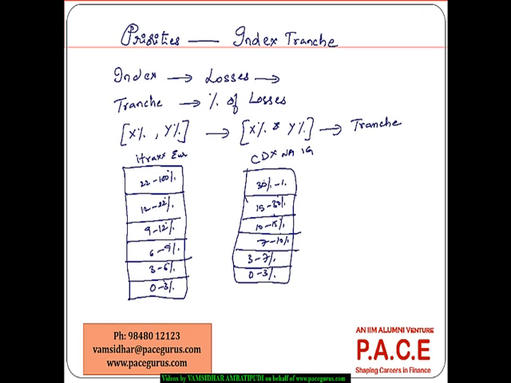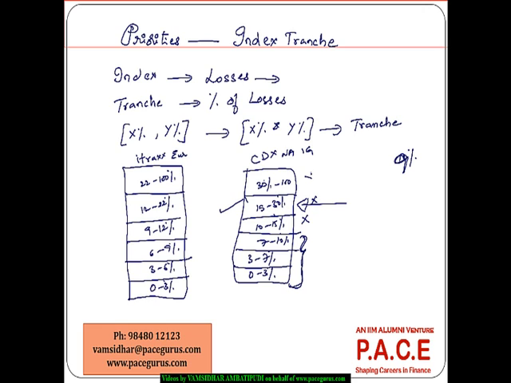What does this mean? If I talk about this particular tranche, it will absorb losses only if the overall losses are between 15% and 30%. The losses lying between 15% and 30% on the index belong to this tranche. If the index has lost only 10% or 9%, then only these three tranches will absorb the loss.